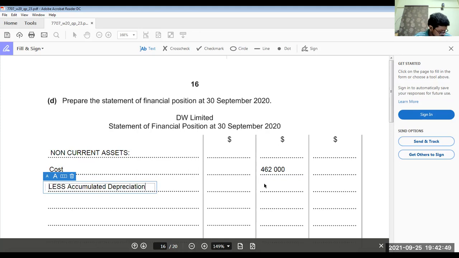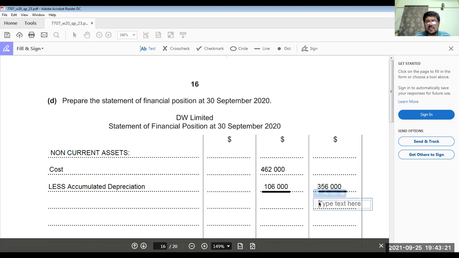How much? This is 106,000. So you get over here, how much? 462 minus 106. Answer is 356,000.